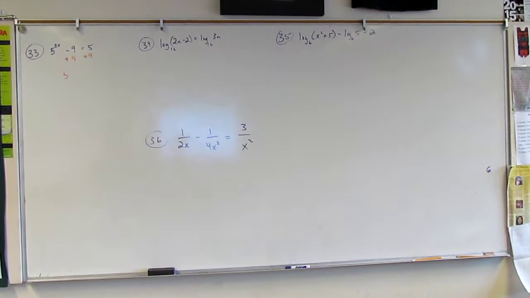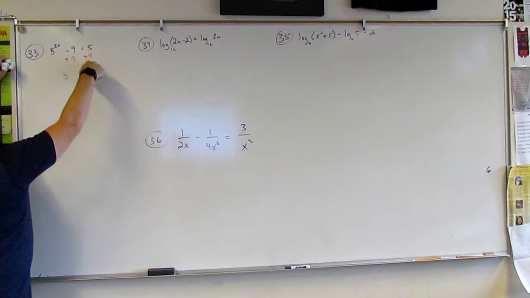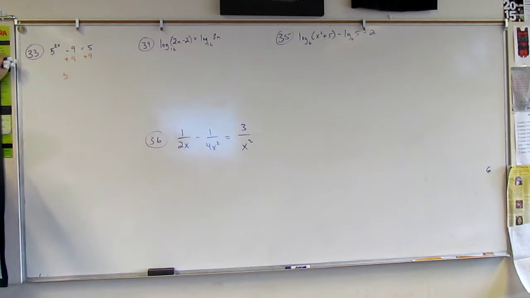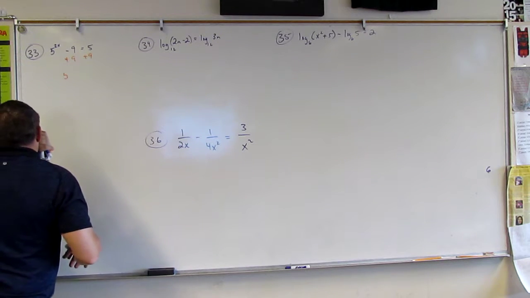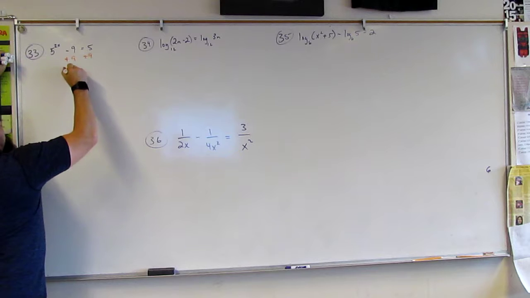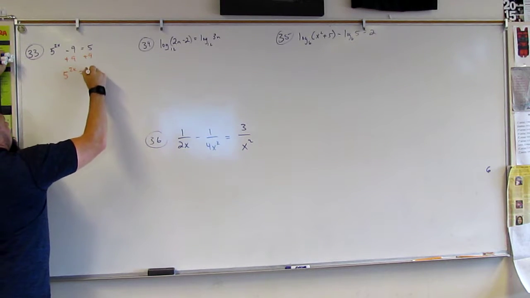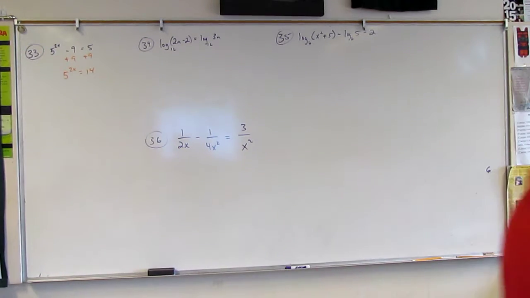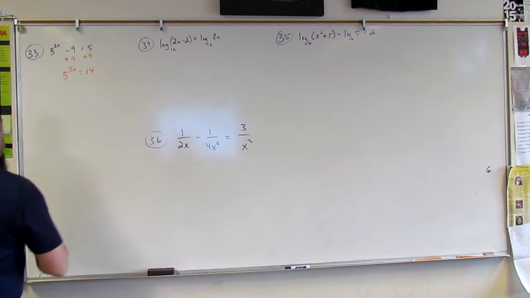Okay, so we're going to add 9 to both sides because we want to get 5 to the 2x by itself, right? So then I got 5 to the 2x is equal to 14. Now we want to change this to logarithms.